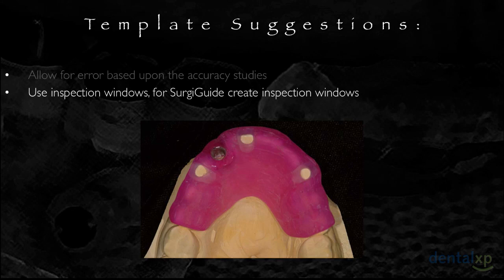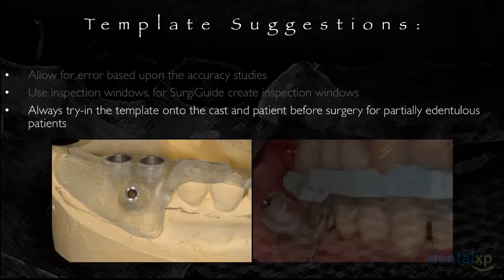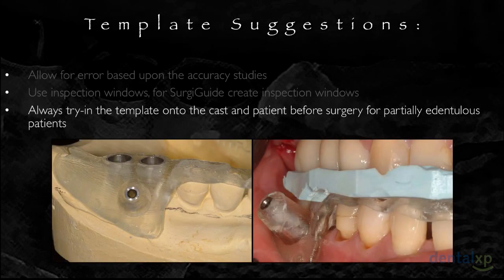If you're using other systems, make sure that you have what we call inspection windows. You want to make sure that the surgical template is properly fitting in the position that the radiographic template was seated, or the planned position in the software. Always try in your surgical templates before surgery so that you know that you have proper positioning of the template. The template needs to be positioned correctly for the proper image to patient transfer.